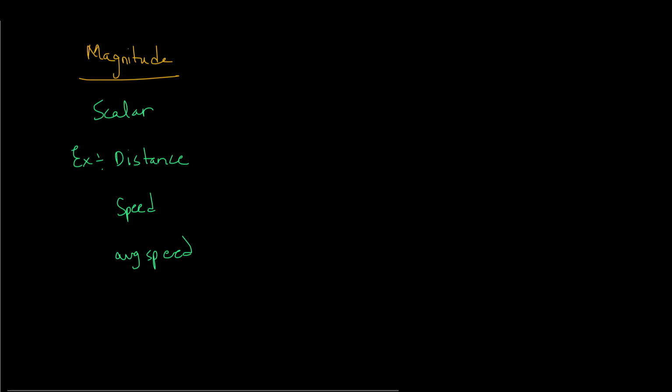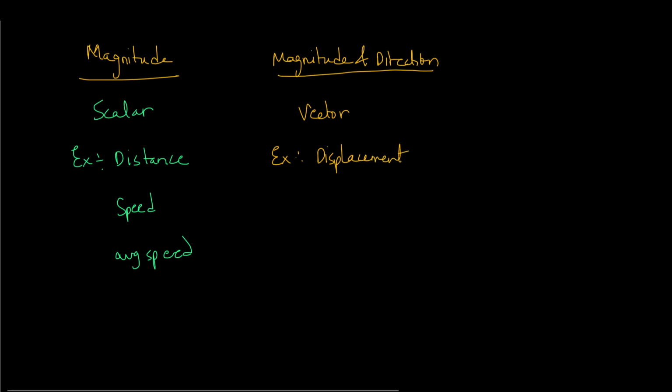If I say magnitude and direction, then it's a vector quantity. Examples: displacement, velocity and average velocity.